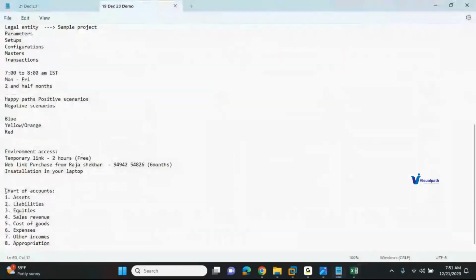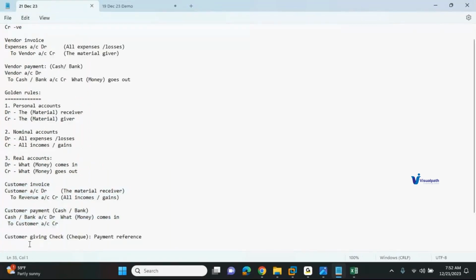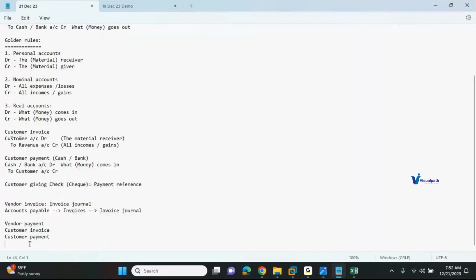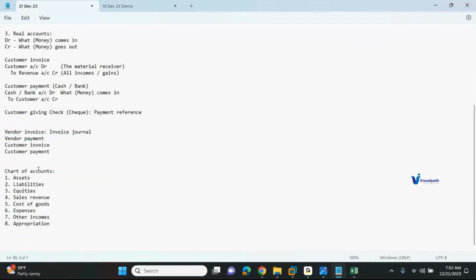It is not a rule, whereas this one is a rule. One second, let me copy this one. So chart of accounts is classified into assets, liabilities, equities, sales revenue, cost of goods, expenses, other incomes, and appropriation.